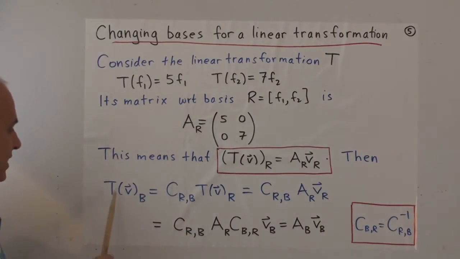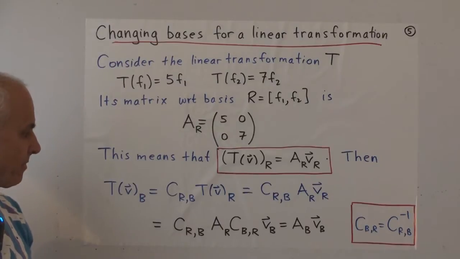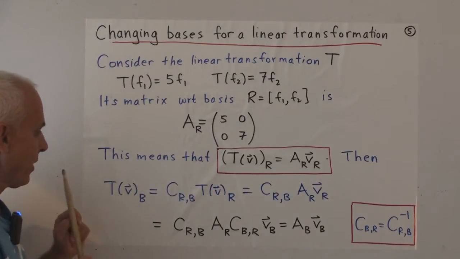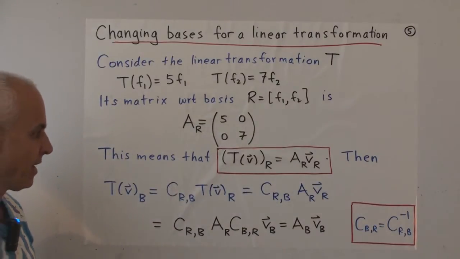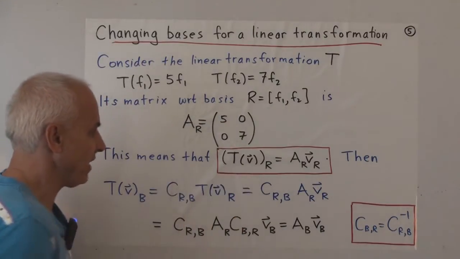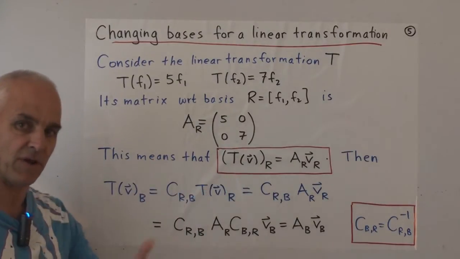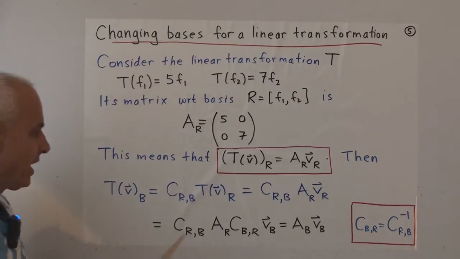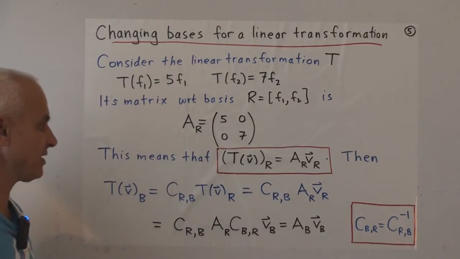Let's look at T of V in Bob's system. Well, we know what T of V is in Rachel's system. This is the coordinate vector of T of V. V is just some arbitrary vector, T of V is the image of the vector under the transformation, and here's the coordinate vector of that image in Rachel's system.